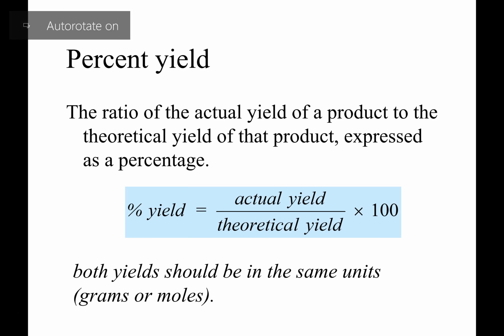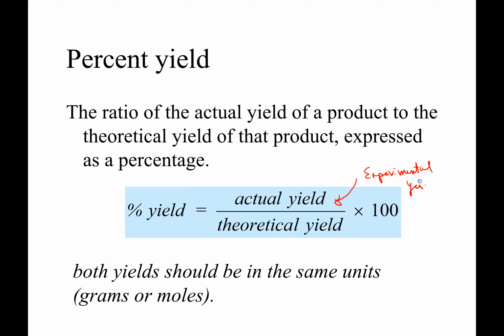You'll see me call it experimental yield. It's what you got back. And then the theoretical yield comes from the stoichiometric calculation.